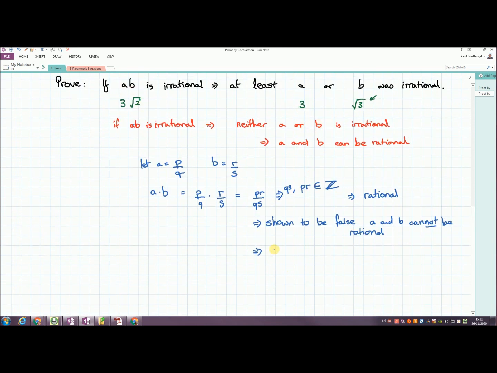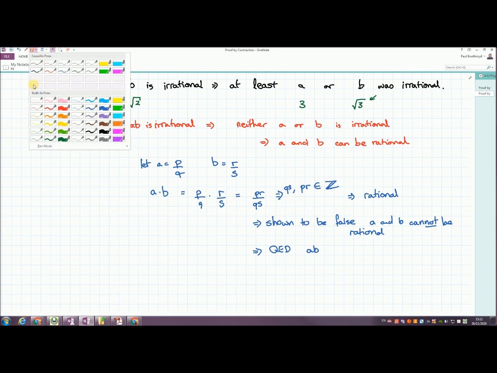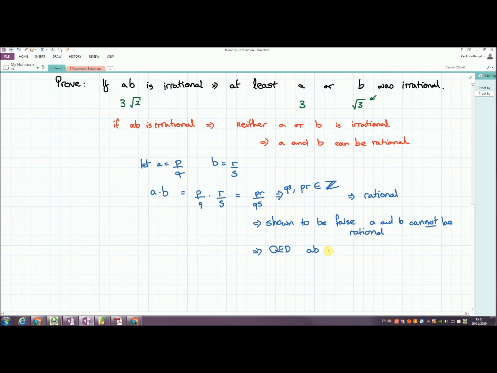So we've now shown, hence QED, AB belongs to rational numbers, then at least A or B is irrational.